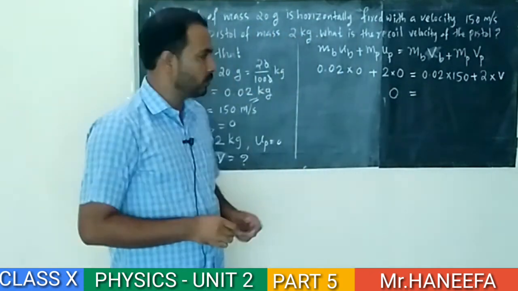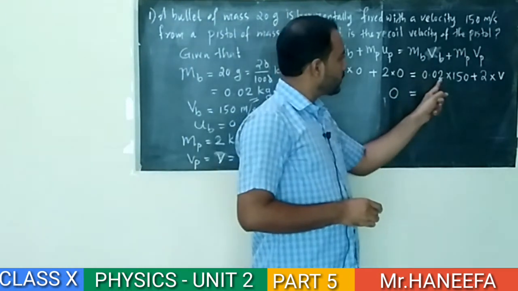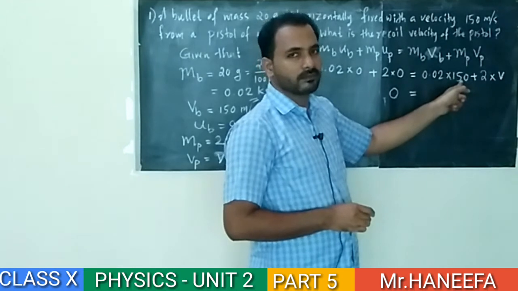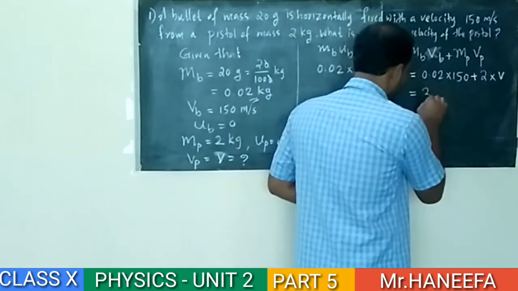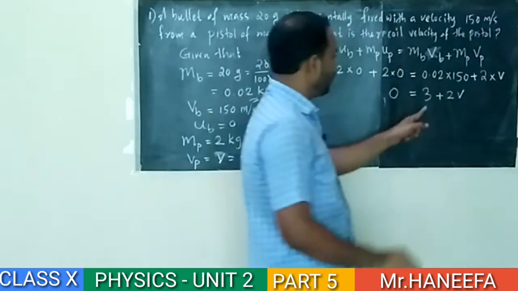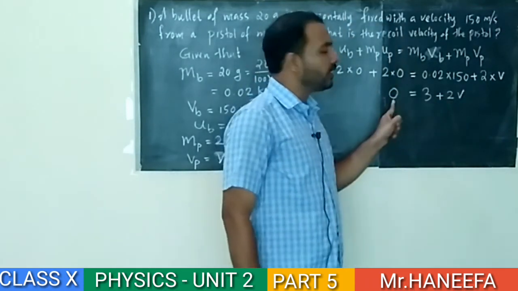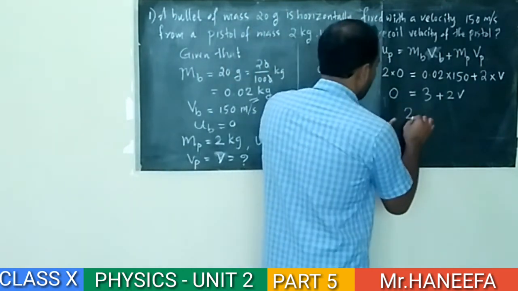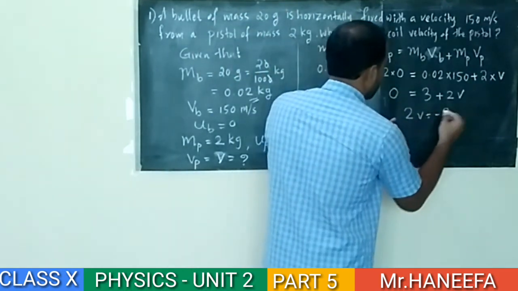0 equal to 0.02 into 150, that is 3, plus 2V. So 3 plus 2V equal to 0. So 2V equals minus 3.